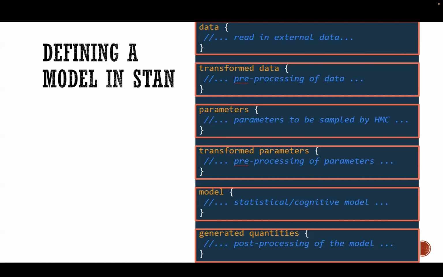The transform parameters block is where we can do the same thing, but about parameters. We've seen on Friday that sometimes these parameters have boundaries. Let's say learning rate can only go between 0 and 1, and inverse temperature can only go from 0.0001 to infinity, but not negative.